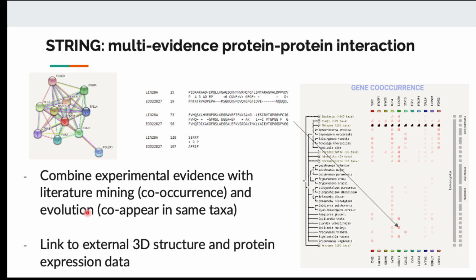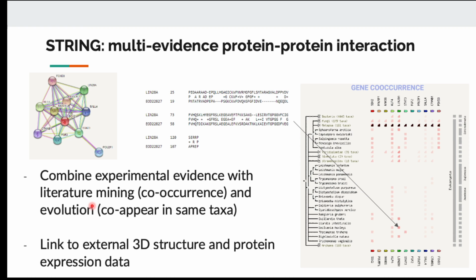Another example, if you have groups of proteins that maybe in bacteria, none of them exist. So the bacteria don't have these proteins. But when you go to higher and higher organisms, you start to see these proteins being expressed together.